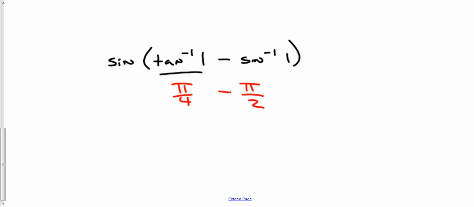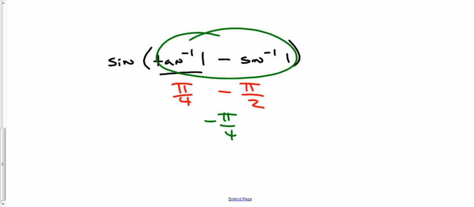Pi over 2, so if we subtract pi over 4 minus pi over 2, I'm going to get a negative pi over 4. Okay? So now, this whole part inside of the parentheses is going to equal negative pi over 4.